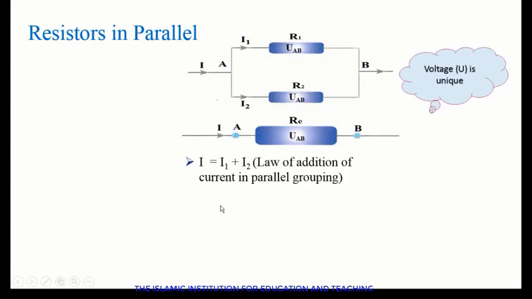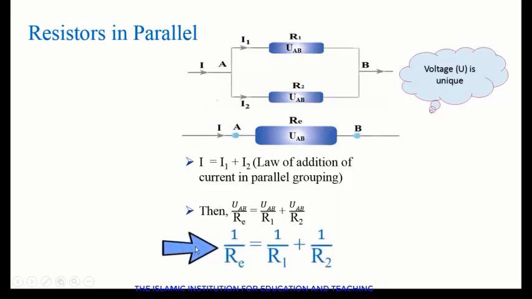If we replace I by U over R using Ohm's law, we will get, instead of I, which is I main, we write UAB over R equivalent, and instead of I1, we will write UAB over R1, and instead of I2, we will write UAB over R2. Since U is unique, we will divide by UAB to get the following formula, which is 1 over RE equals 1 over R1 plus 1 over R2.